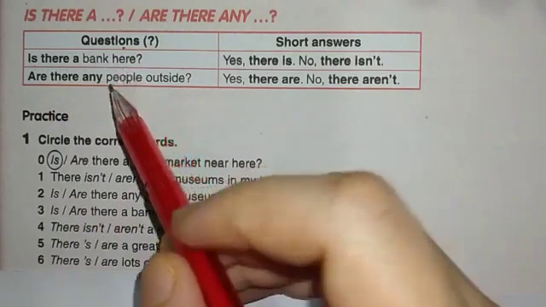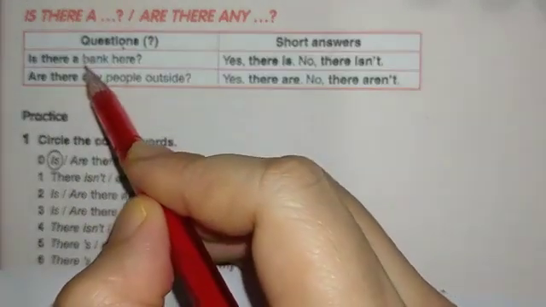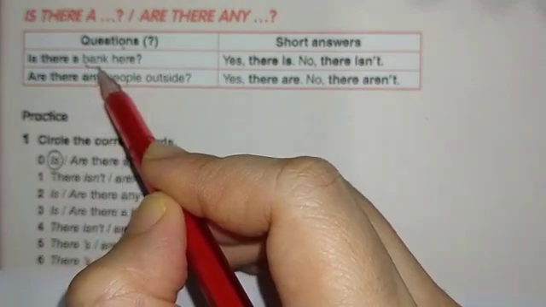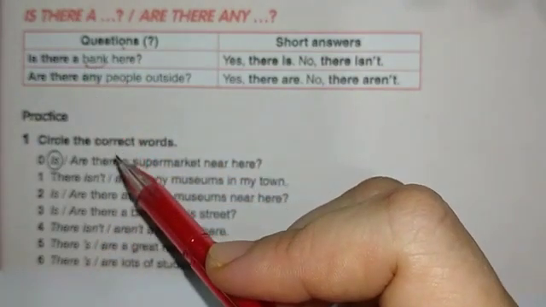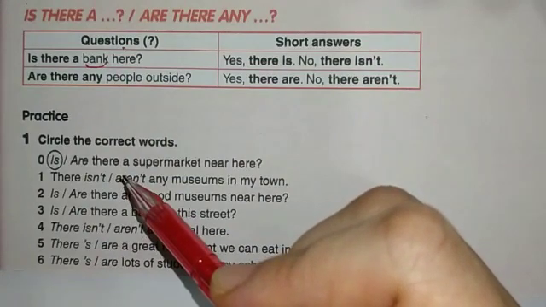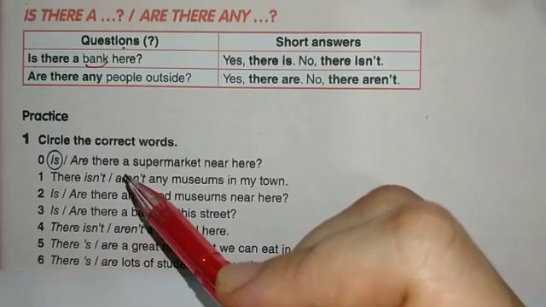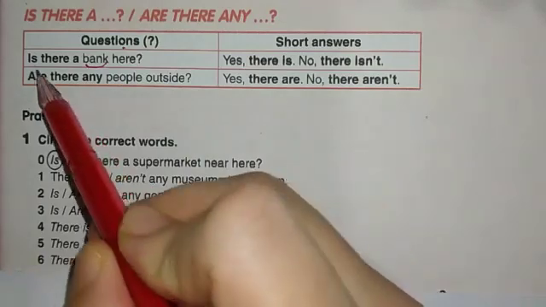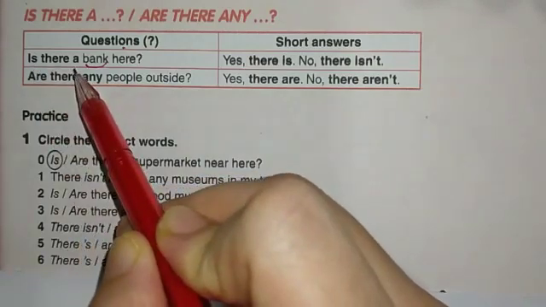So, if there is a singular noun, do you still remember the meaning of singular noun? Yes, the noun which is only one. So we will have to use "is there a".